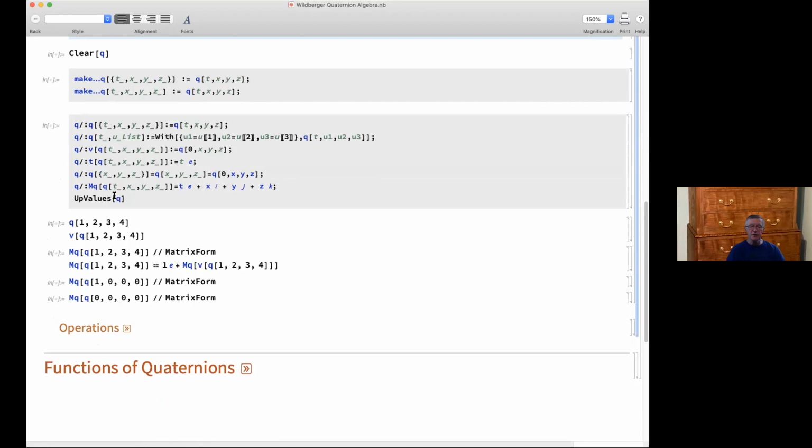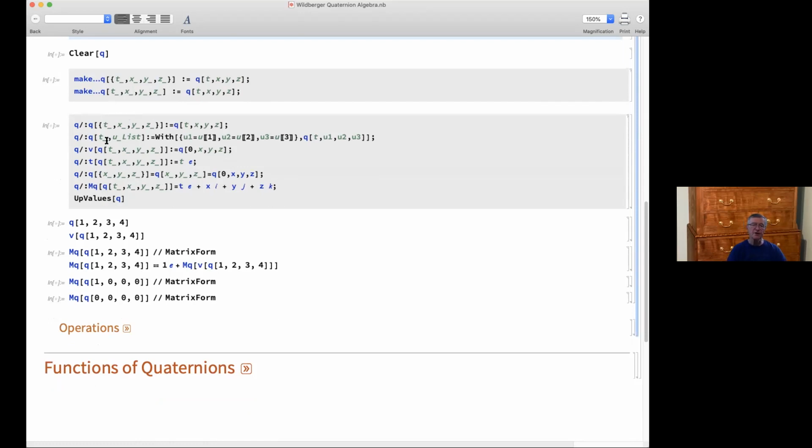You then use this construct in Mathematica called UpValues, where you can take a head as defined, and then you can identify what operations apply to that head, and you can pick out various elements within the construct to identify separately.